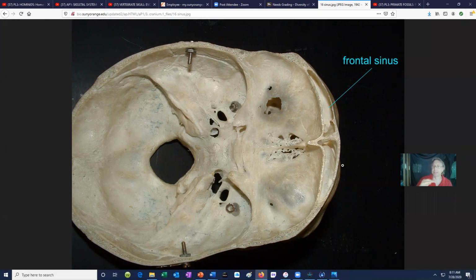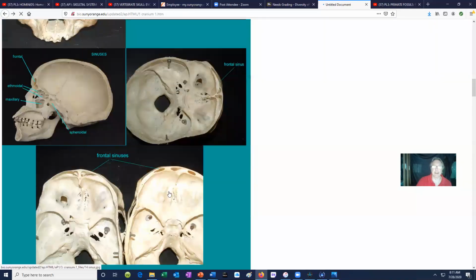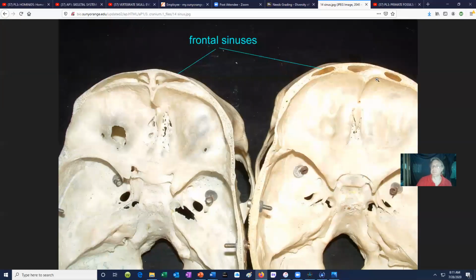If the frontal bone is sectioned at the right level, you can see that of the 4 bones of the skull, 3 in the cranium, which possess sinuses, the frontal bone is one of those bones which possess a sinus. So here you can see 2 different skulls, and once again, if the frontal bone is sectioned at just the right level, you can see the sinus.